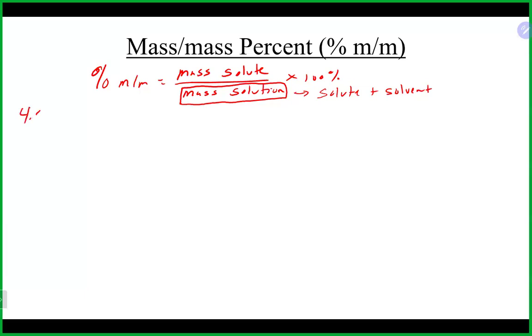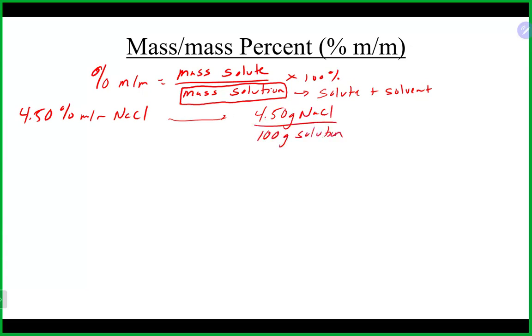If you had a 4.5% by mass sodium chloride solution, you can convert that into a conversion factor and do some dimensional analysis. What that would mean is you would have 4.5 grams of sodium chloride and 100 grams of solution. So you could use that as a conversion factor. Just like any conversion factor, you could flip it around and go 100 grams of solution gives you 4.5 grams of sodium chloride.